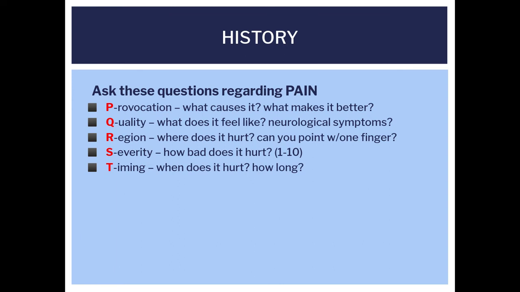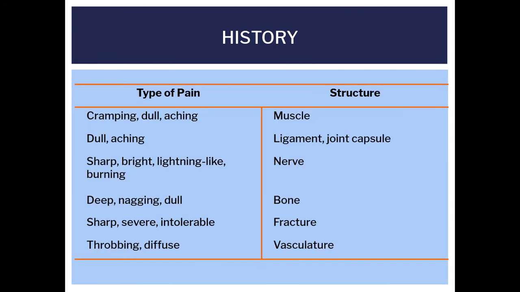Again, you're not going to use that as your number one guiding response, but it does matter. And then timing. Does it hurt more in the morning? Does it hurt worse when you're practicing? Does it get better when you practice? For how long is it bothering you? Is it constant, etc.?